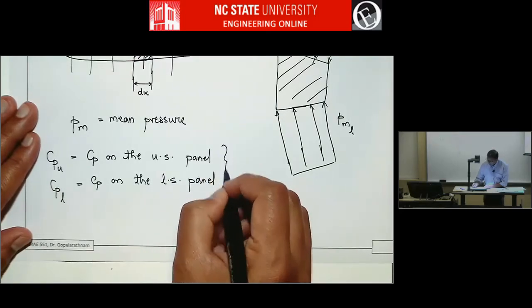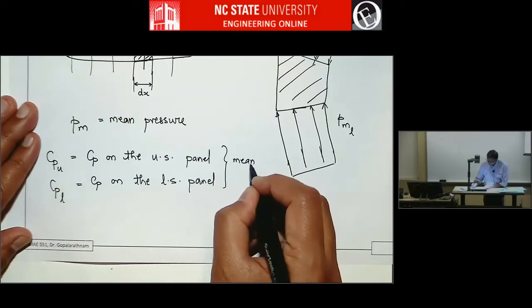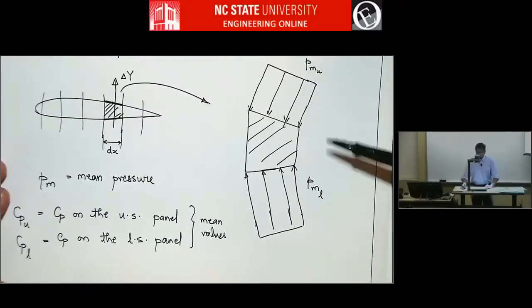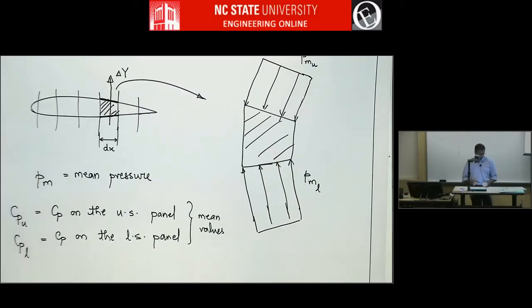And these are mean values. So essentially I'm taking this PMU and PML and I want to convert that to CPU and CPL.